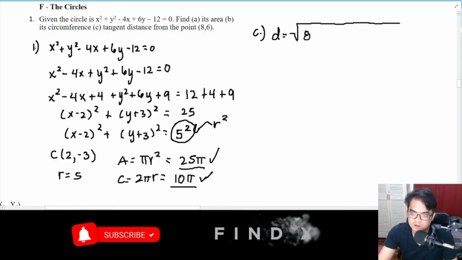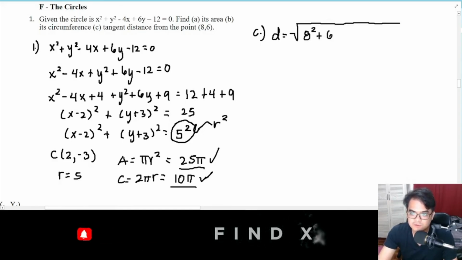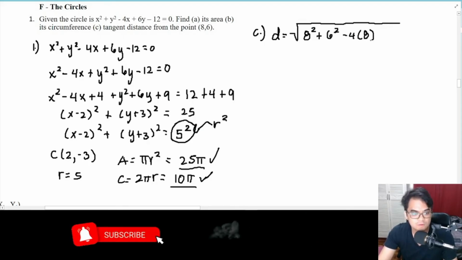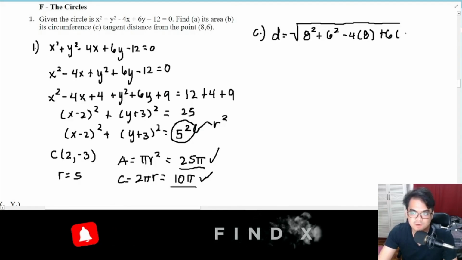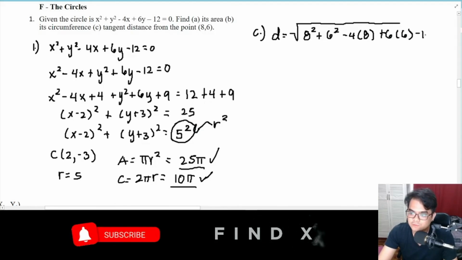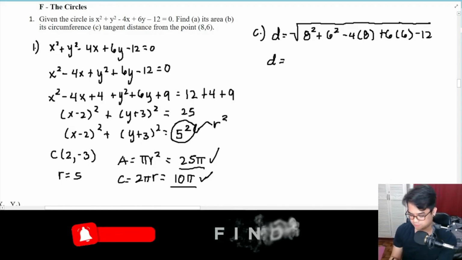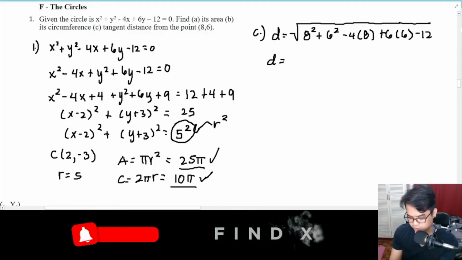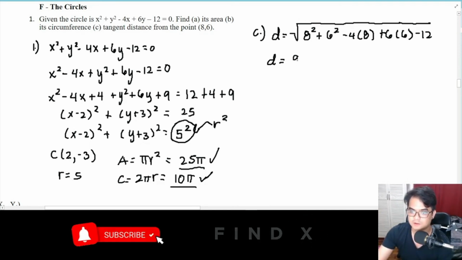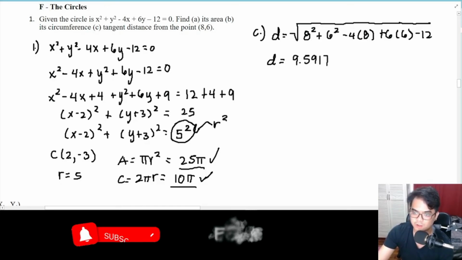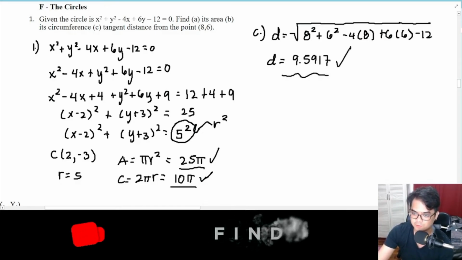So you'll have 8 squared plus 6 squared, and then minus 4 times 8 plus 6 times 6, also minus 12. If you get the answer for this one, that's 9.5917. So this will be your answer.